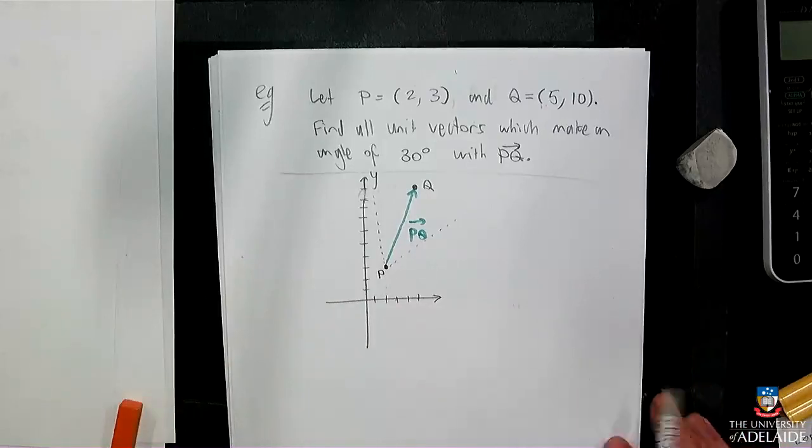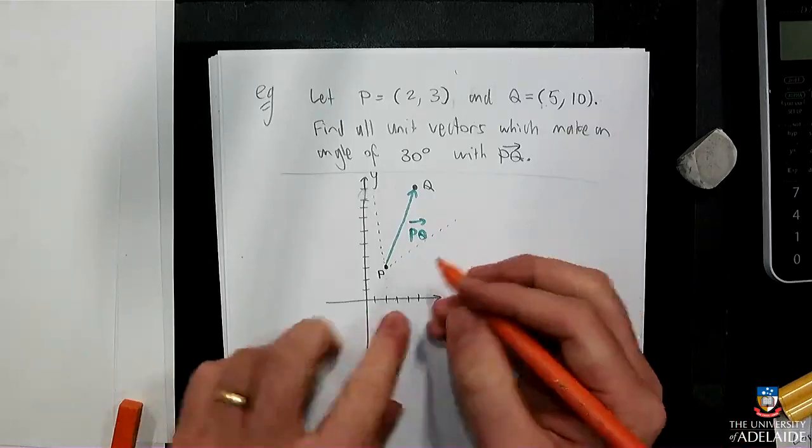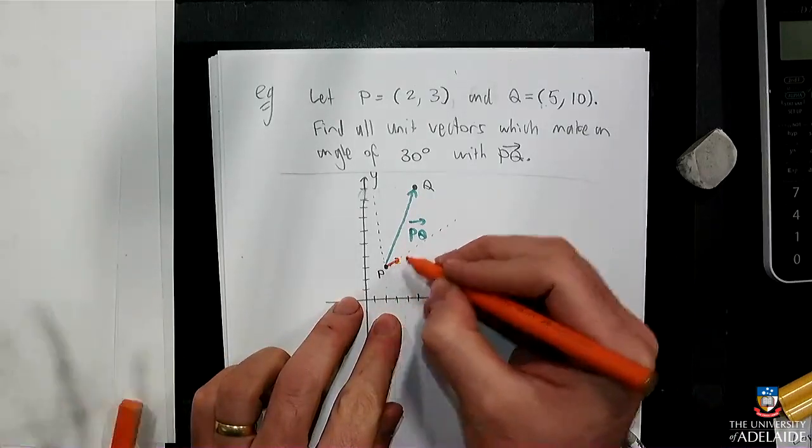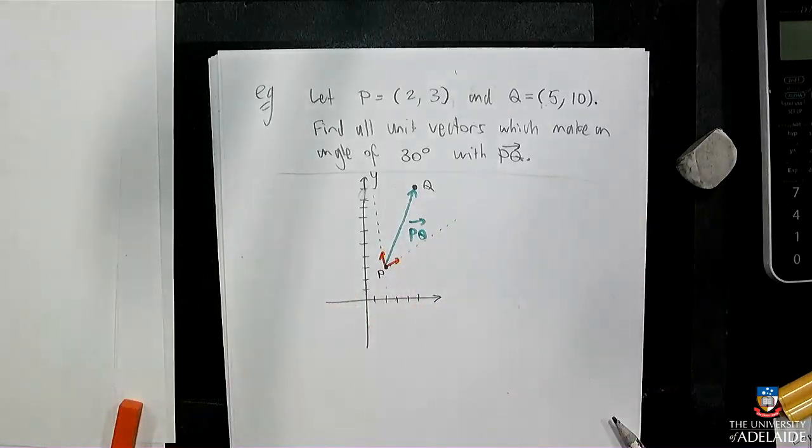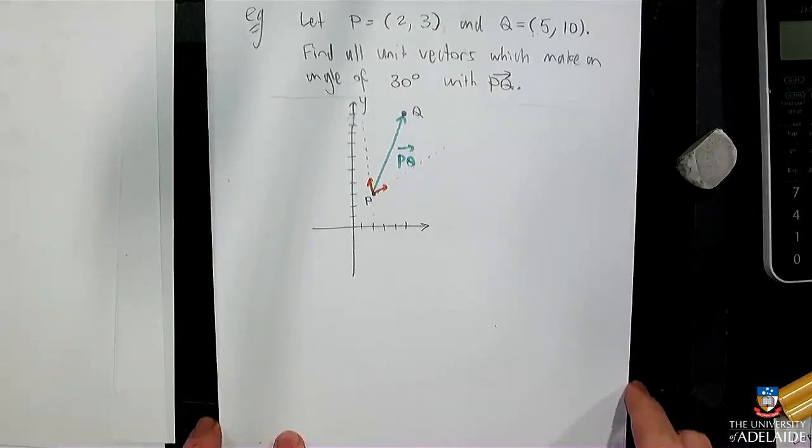And if we want them to be unit vectors, then they should be length 1 as well. So this length is 1, so about that long. So I'm expecting there to be 2 of them, one on each side, because they're both 30 degrees one way or 30 degrees the other.